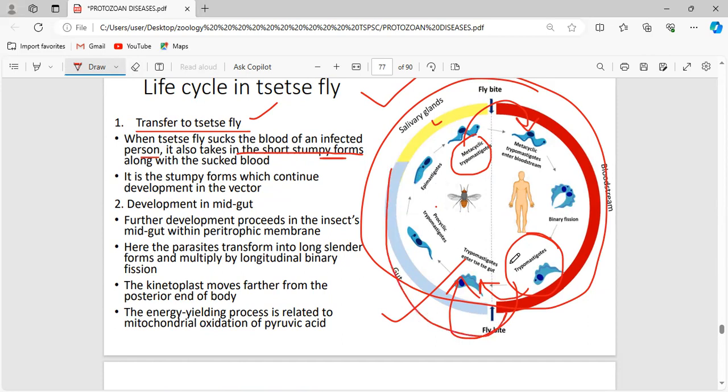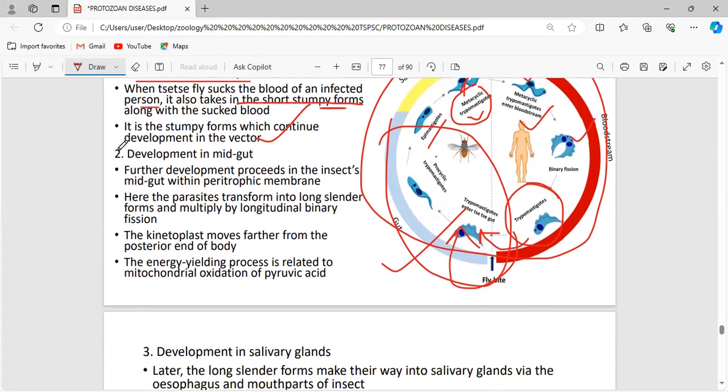These all happen in the gut, and from the epimastigote they are converted into the metacyclic trypomastigotes in the salivary glands. From the salivary glands, through the bite of the insect to the human, they enter the bloodstream. There it attains sexual maturity. They undergo reproduction by binary fission, and the cycle continues.